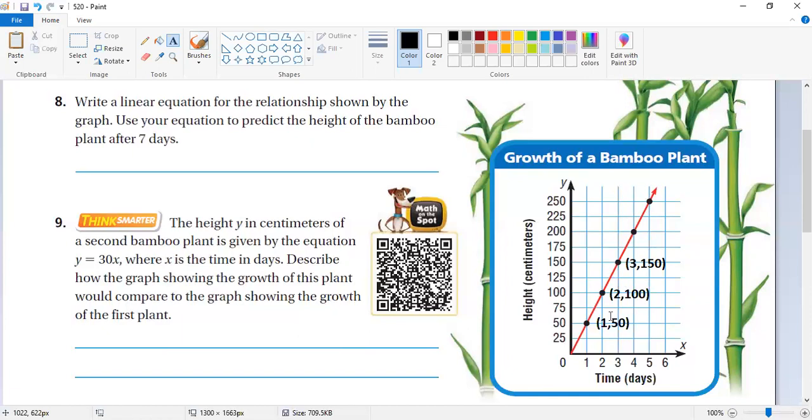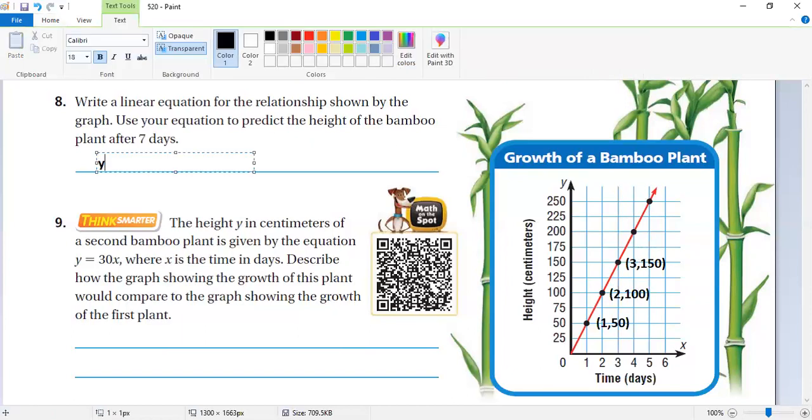So you multiply it by what? You multiply 1 with what to get 50? Of course, you multiply 1 with 50 to get 50. Then you multiply 2 with 50 to get 100. You multiply 3 with 50 to get 150. So how are you going to write the equation now? Of course, you start with y equals x multiplied by 50, which means you can write your equation as y equals 50x.